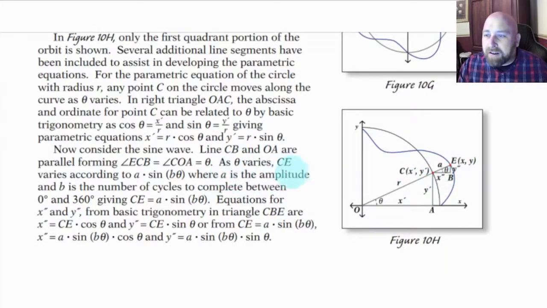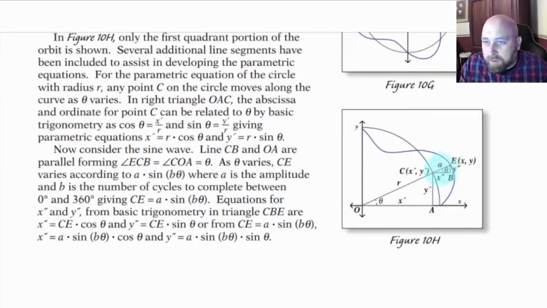As theta varies, CE varies according to A times the sine of B theta, where A is the amplitude and B is the number of cycles to complete between 0 degrees and 360. What's 0 and 360? That's all the way around the circle, giving CE equals A times the sine of B theta. So the equations for your x double prime and your y double prime are right here.